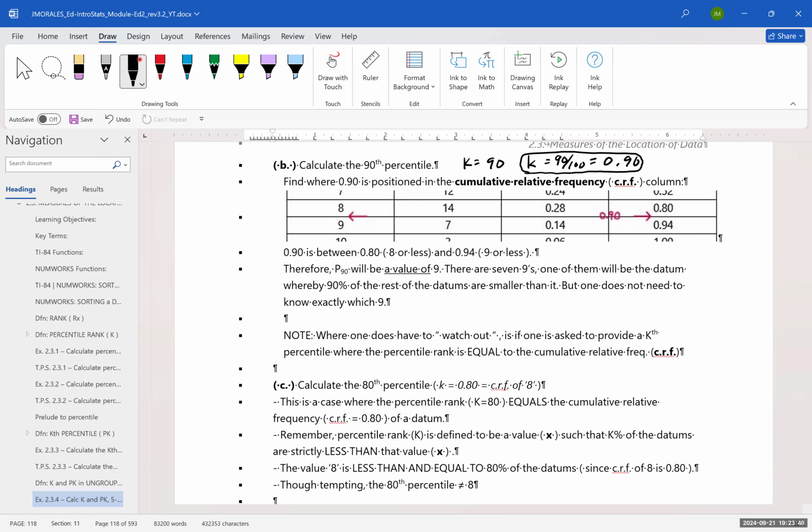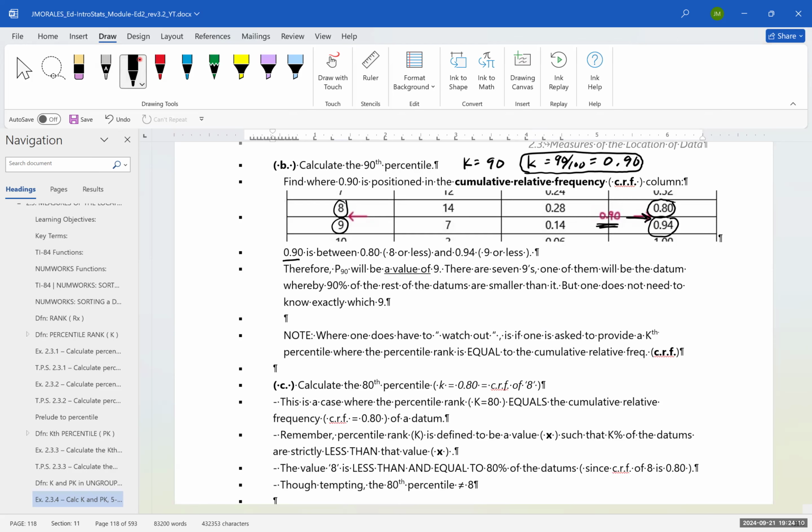And we can see in the table, and I've got a little bit of a screenshot here, that between 8 hours of sleep and 9 hours of sleep, we have a cumulative relative frequency of 0.8 and 0.94. So 0.90 would be right in between those two numbers.